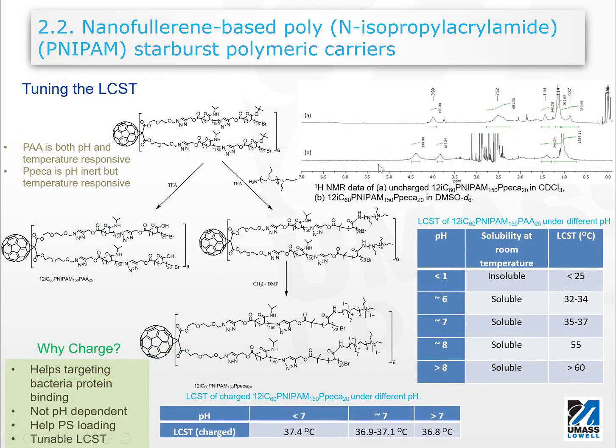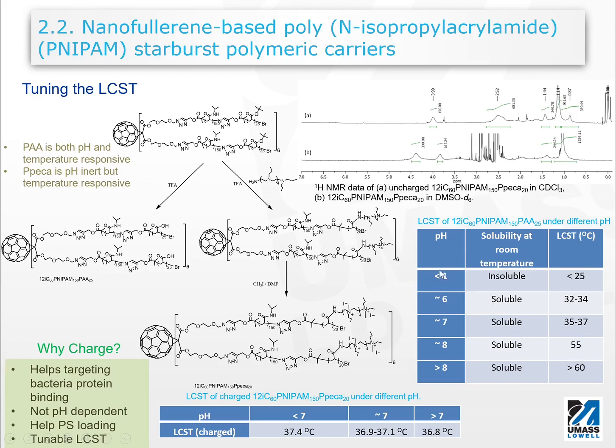So what we did next is we used this star-shaped poly-nippon polymer to do more modification. So first, what we did is we just simply hydrolyzed this terbutyl group into the carboxylic acid group, and we find out this type of star polymer will have both pH sensitivity and the thermal responsive ability.